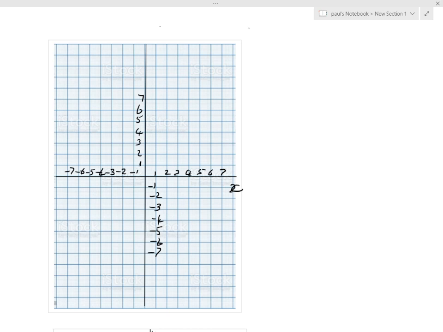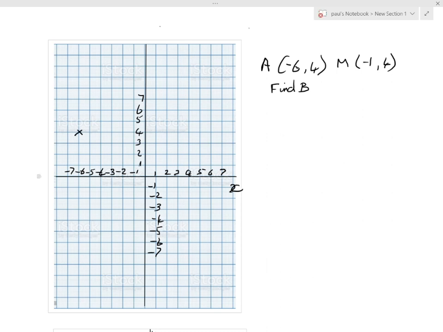Now, what we've got here is this one, A, is equal to minus 6, 4, and the midpoint is equal to minus 1, 4. So let's draw these in. So we need to find B. We need to find the other end of the line. So A is minus 6, 4, which is there.